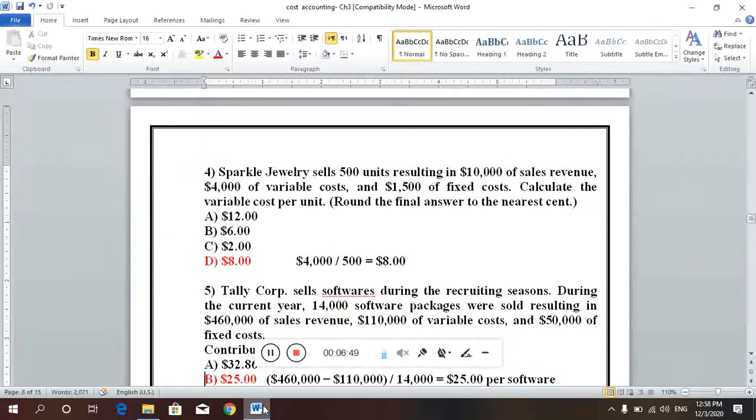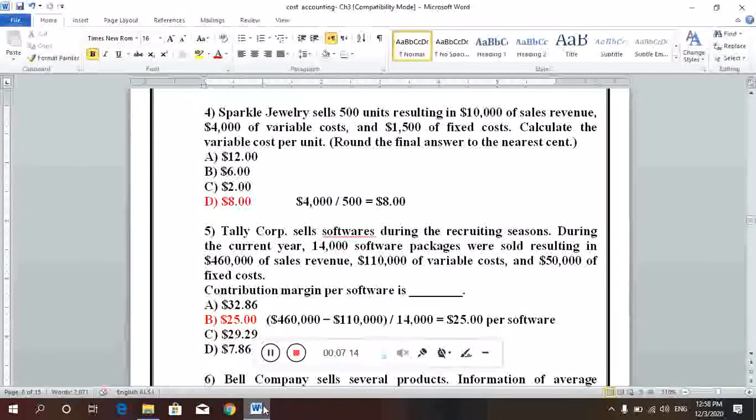Number 5. Tally Corporation sells software during the requirement seasons. During the current year, 14,000 software packages were sold, resulting in $460,000 of sales revenue and $110,000 of variable costs and $50,000 of fixed costs. So the contribution margin per software, or per unit, is needed.